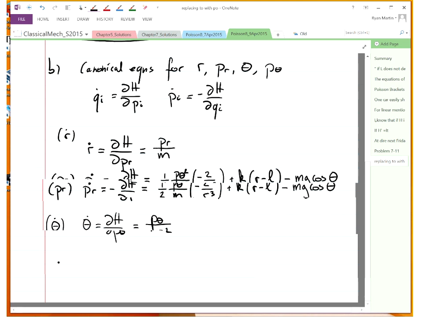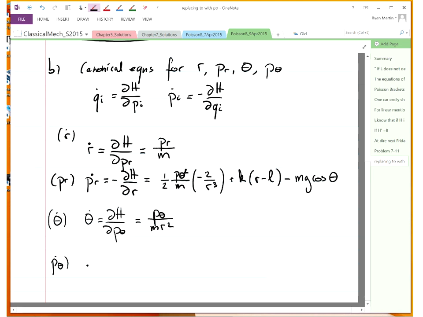And then finally, the equation for P theta dot, that's minus, oh, I forgot to put the minus sign in the PR equation. There's an overall minus sign in front of all of this. Alright? Sorry about that.